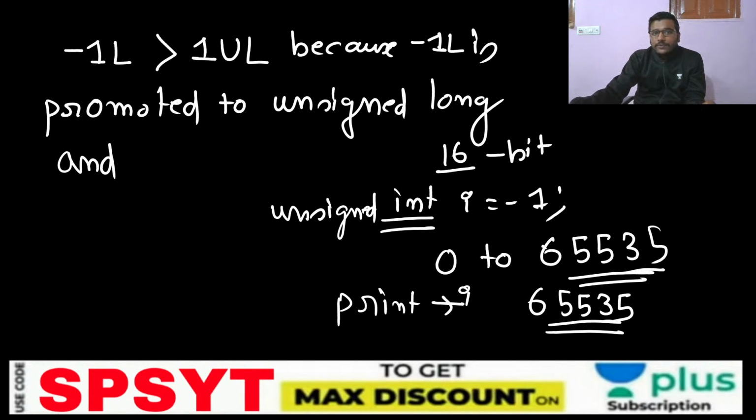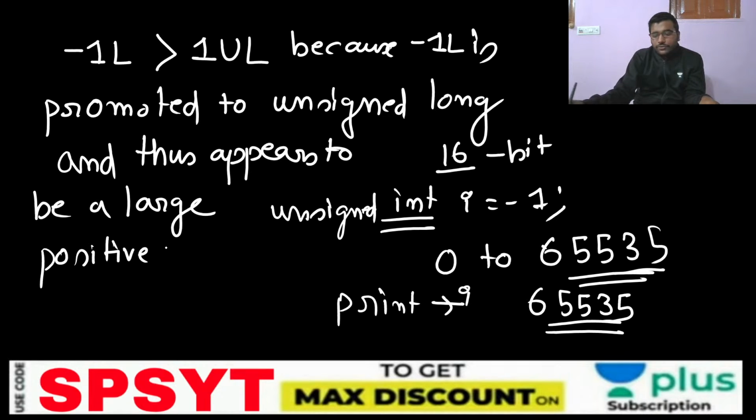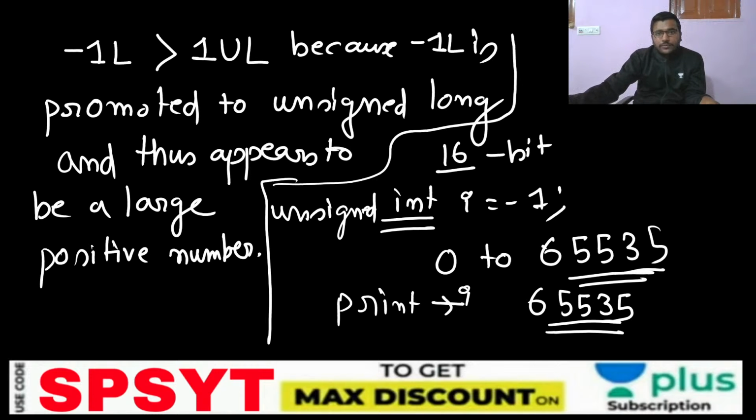It is not going to be minus, and it is not going to be long, it is going to be unsigned long, because -1 is promoted to unsigned long, and thus appears to be a large positive value. Understood?